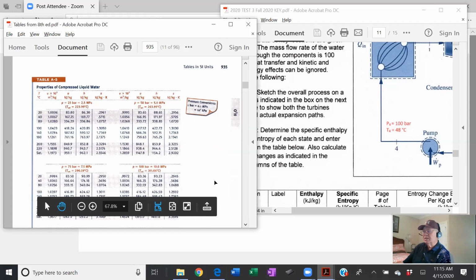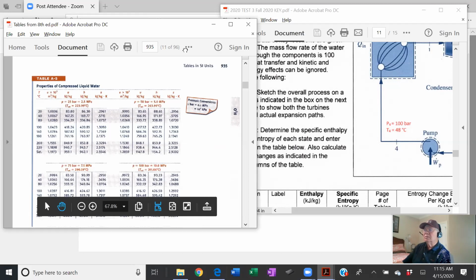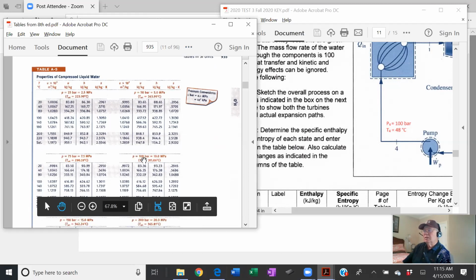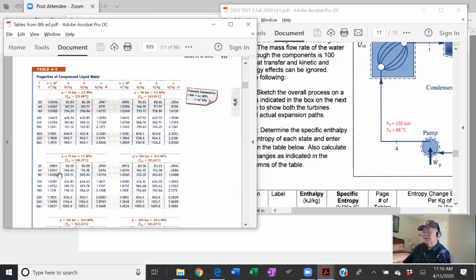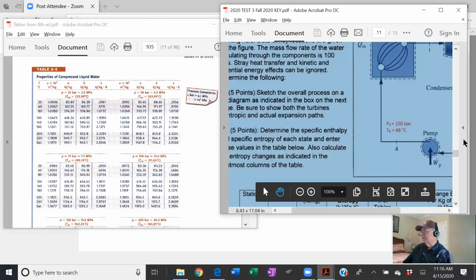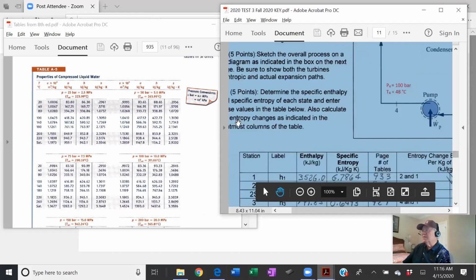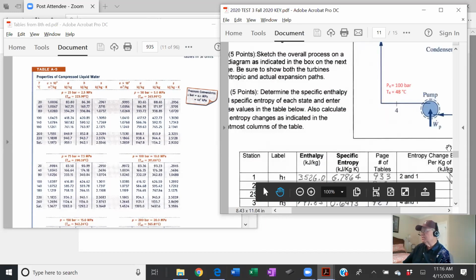Here's 100 bar in the compressed liquid table. There's only one page or so to it. Here's 40 degrees and 80 degrees. So our H is between these two numbers, 40 degrees and 80 degrees, in the 100 bar mini table. So we have to use our advanced interpolation skills.